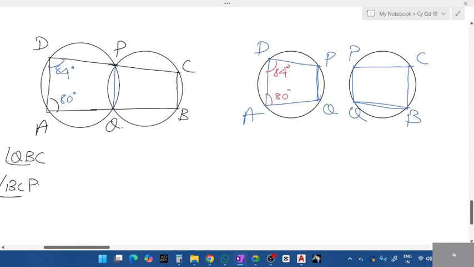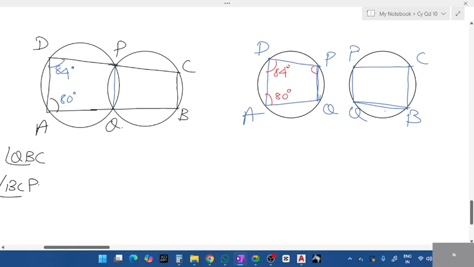Now consider the first circle, students. In the first circle, is it a cyclic quadrilateral? So what will be the value of P? 180 degrees. So what is P? 100 degrees. What are we supposed to find?